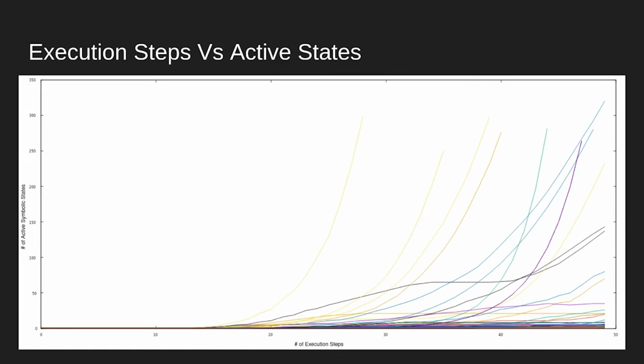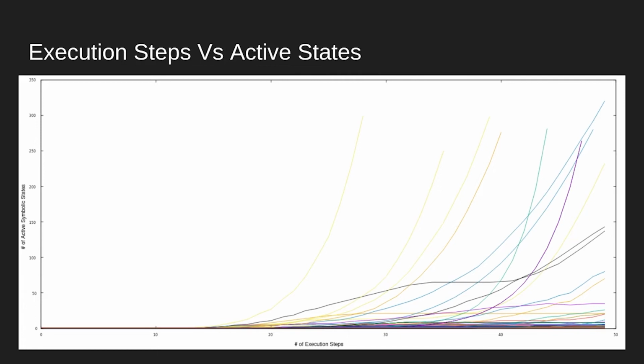Now, I talked about state explosion, and this is what it looks like. This is a typical map of some random binaries on an Ubuntu 20.04 machine, and what happens here is I'm graphing execution steps, which is the x-axis, versus active states, which is the y, and I'm showing how fast they grow. So you can look at, in relative terms, how many steps you'll get before you probably start exploding.